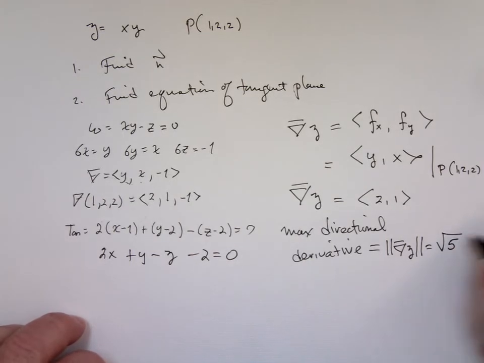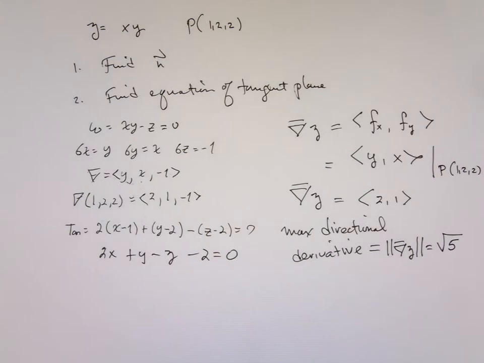That's 2 squared plus 1 squared, square root of that. That's the steepest of all the tangent lines we have at that point of that surface. The square root of 5 is the steepest. And the direction is the direction of the gradient.